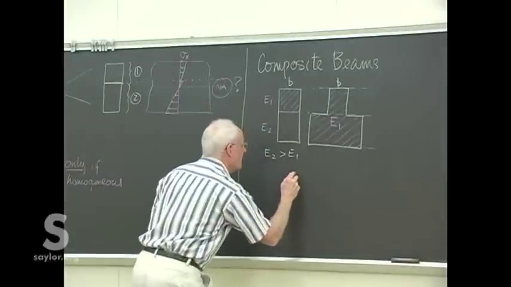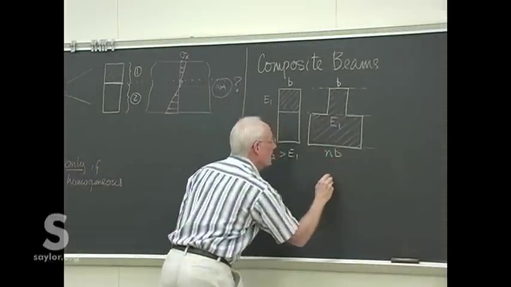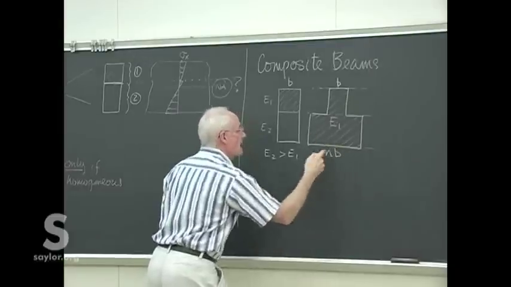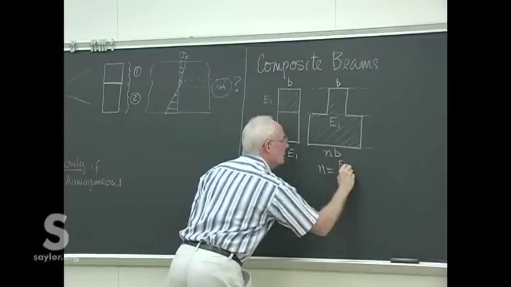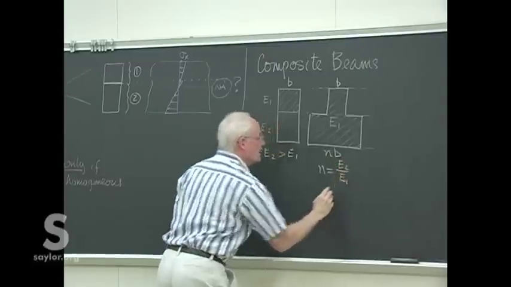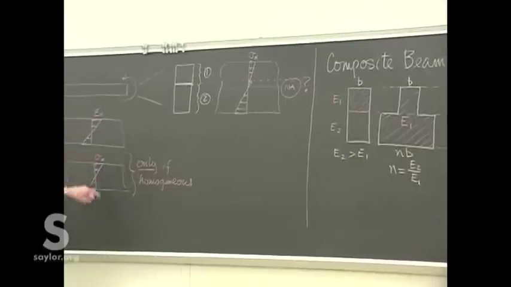Turns out that it's a factor that we call N times wider, where N is simply the ratio of those two. So if the bottom one's twice as stiff, we take it out, use the less stiff material, and use twice as much of it to get the equivalent ability to withstand the stress.